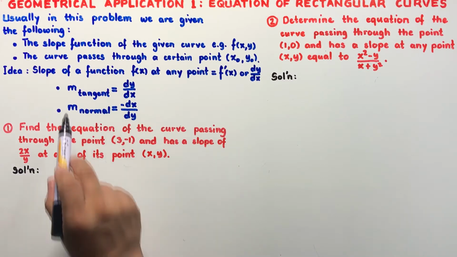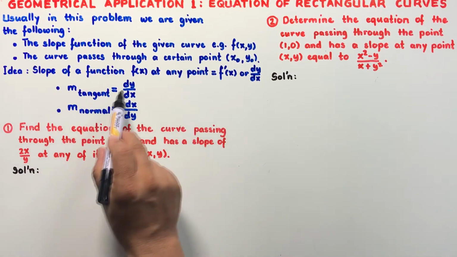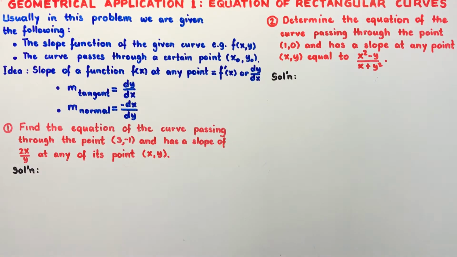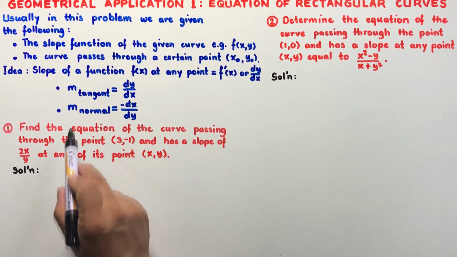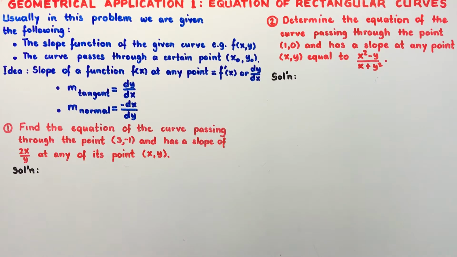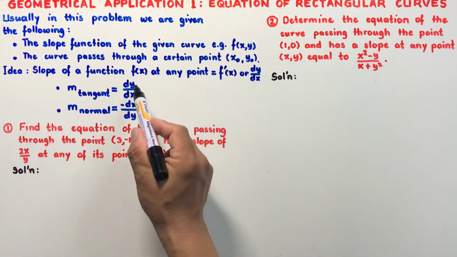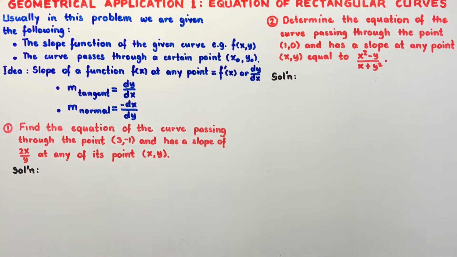So the slope of its tangent line is equal to the first derivative of the function with respect to x. And the slope of its normal line is just the negative reciprocal of the slope of its tangent line, because the normal line should be perpendicular to the tangent line.